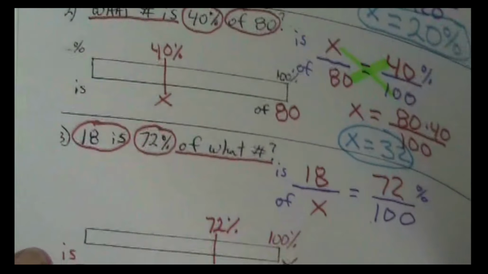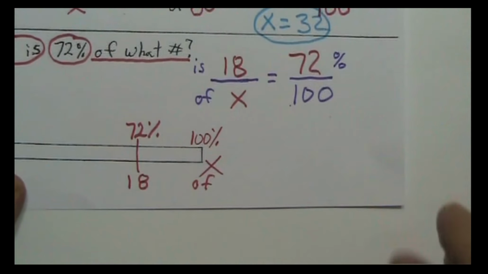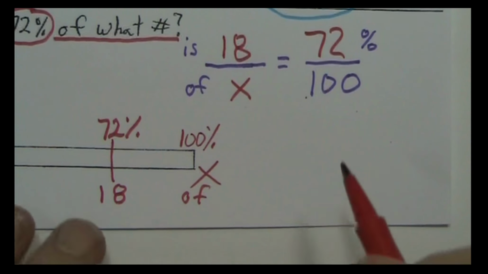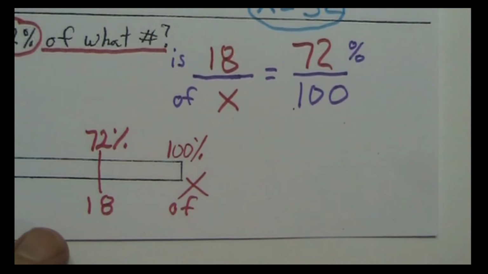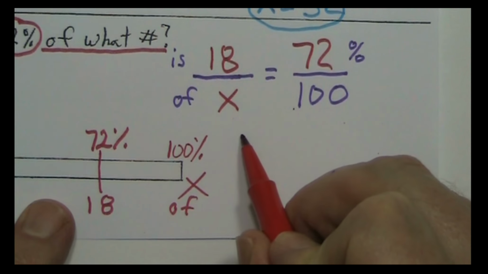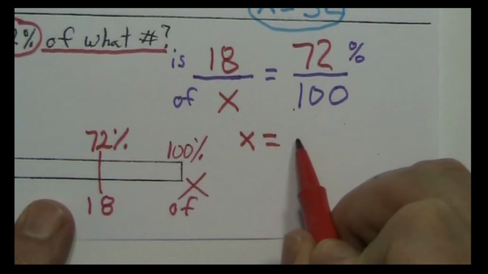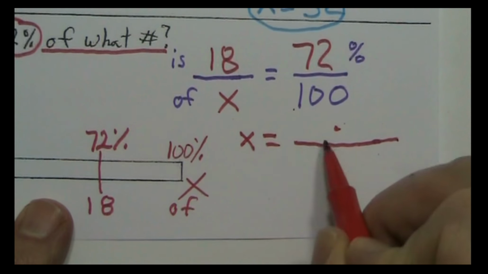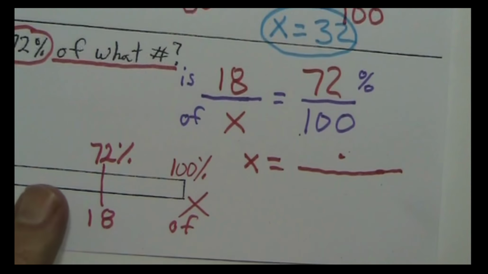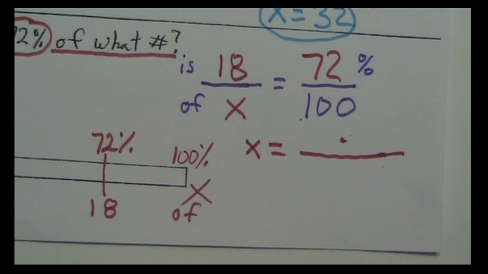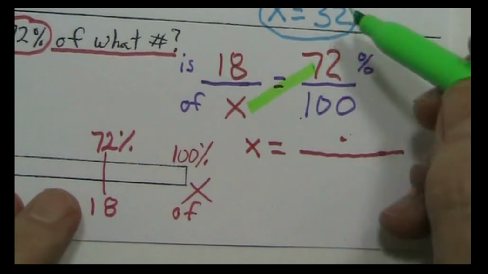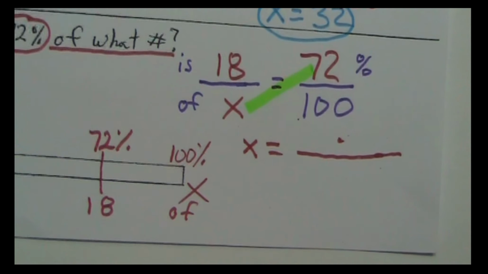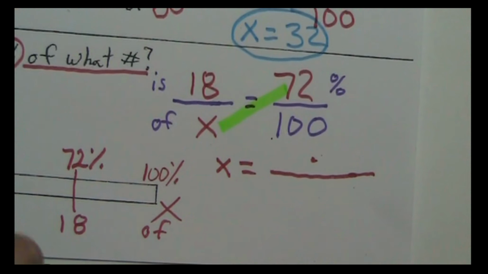All right, and last one. So again, let's use our shortcut here. We're going to have x equals two numbers on top and one on the bottom. So let's see. The one diagonal of x is going to be at the bottom. That would be 72.